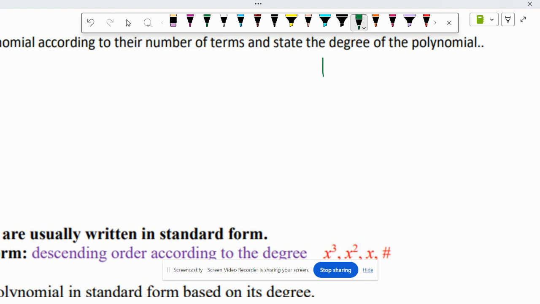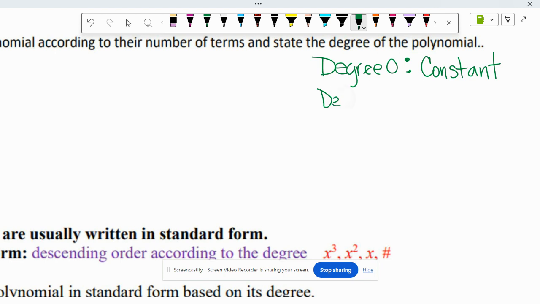So if something is degree 0, it's just called a constant, and we showed that by the number 14. Degree 0 is a constant.